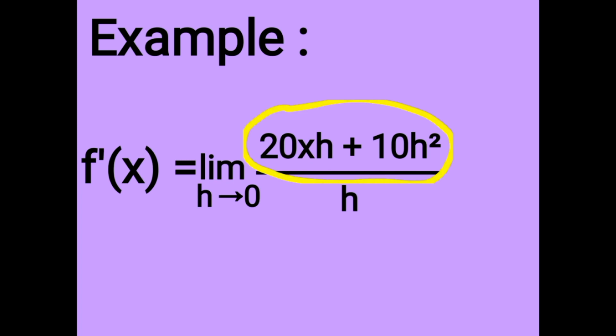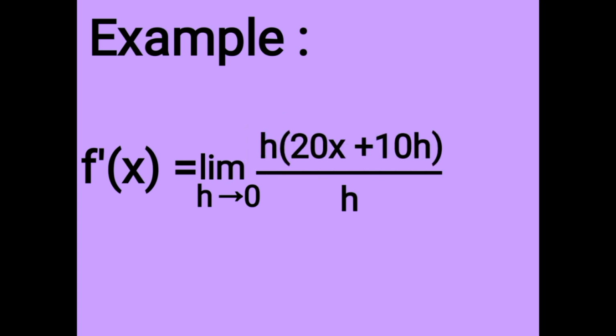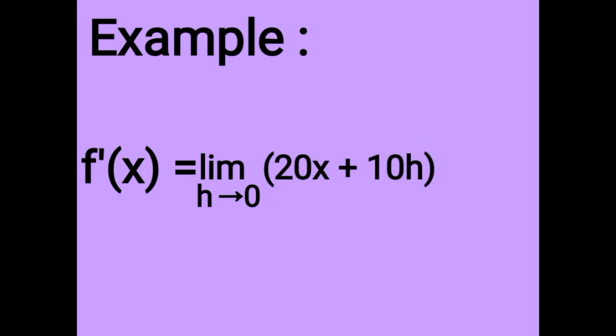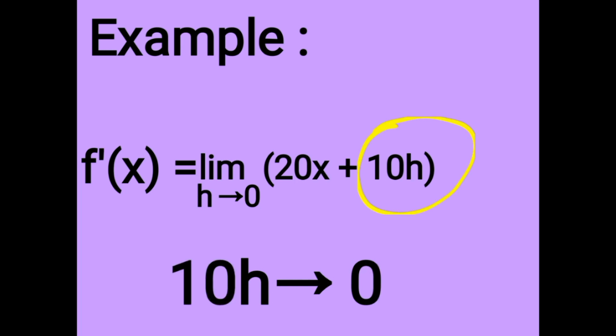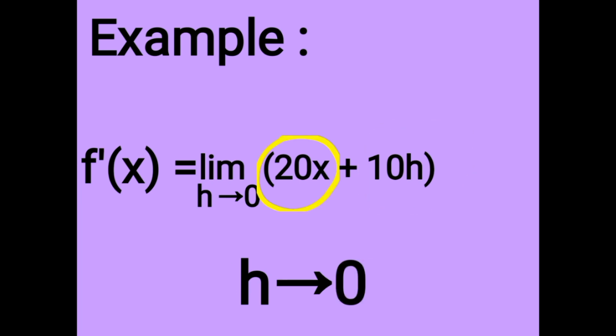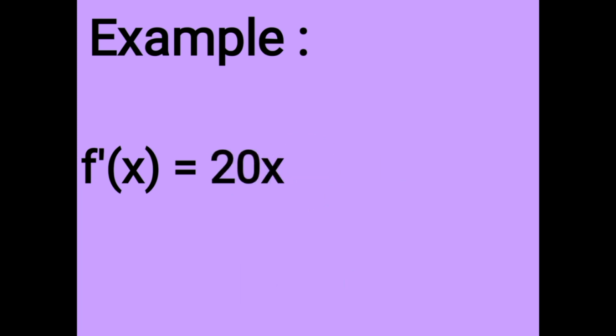So, factorize the numerator, then f dash x equals the limit as h tends to 0 of h times (20x plus 10h) over h. h cancels out, then f dash x equals the limit as h tends to 0 of 20x plus 10h. Now as h tends to 0, 10h also approaches 0. So as any terms containing h will have a limiting value of 0, the limiting value as h tends to 0 is 20x. Then f dash x equals 20x.